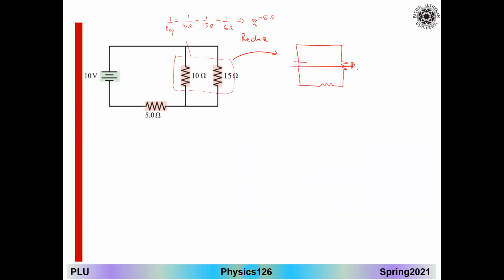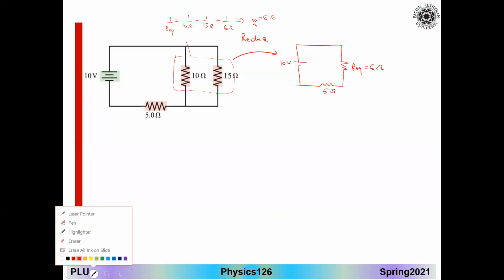So here's the R equivalent, 6 ohm, here's the 5 ohm resistor, and here's our source, 10 volt. Okay, so now we're done with the reduction.